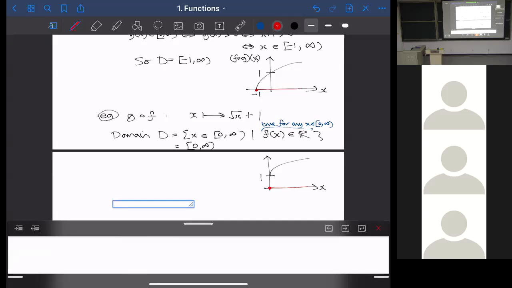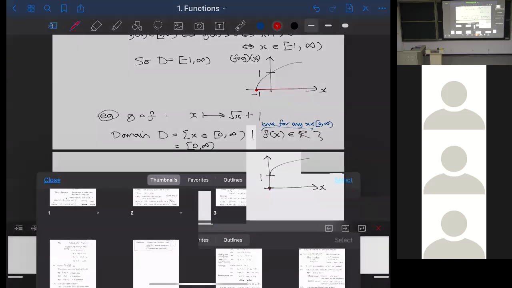Okay, so I'm going to check back and see if there are any questions. Okay, I don't see any questions there. Well, actually, maybe it's a good chance to go back and check the cone example.